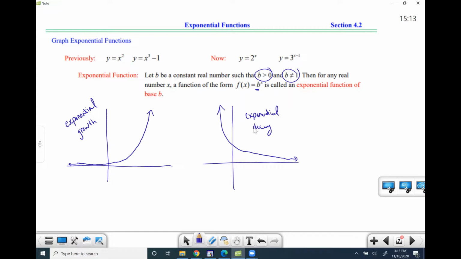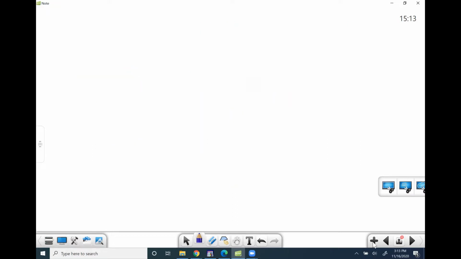Now, the problem with plugging in a number that's negative, let's think about this. If I put a negative number in my base, there's quite a few problems with it.